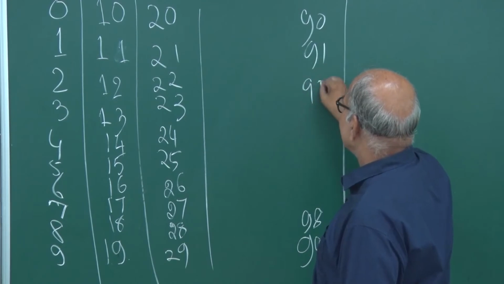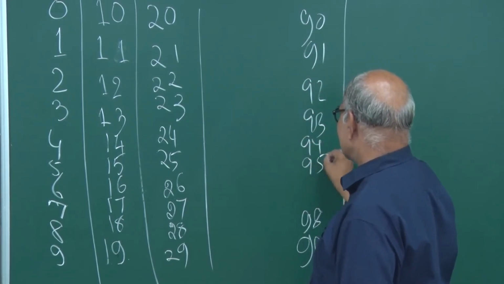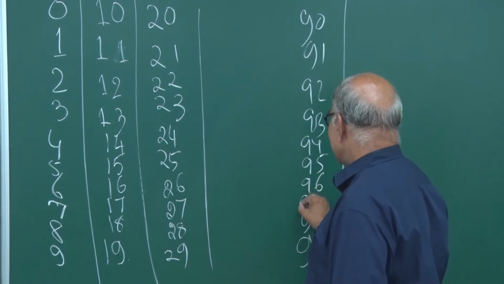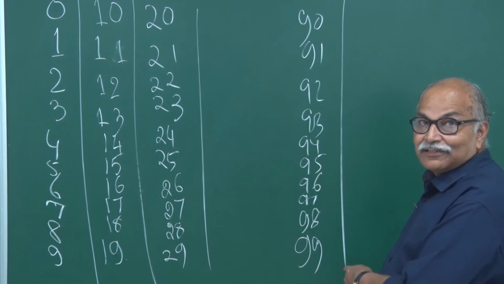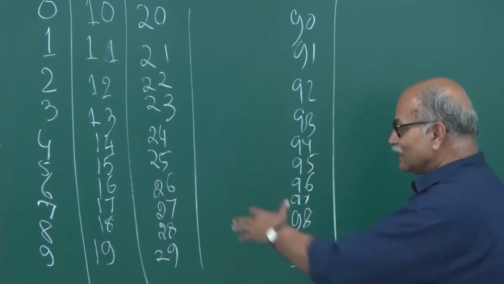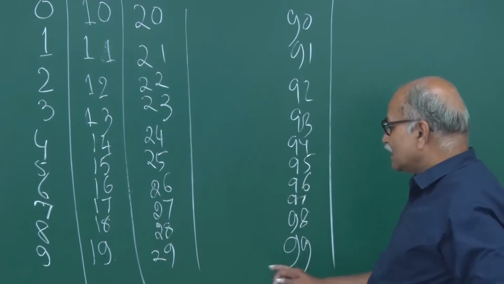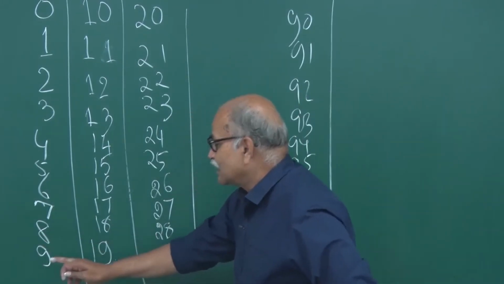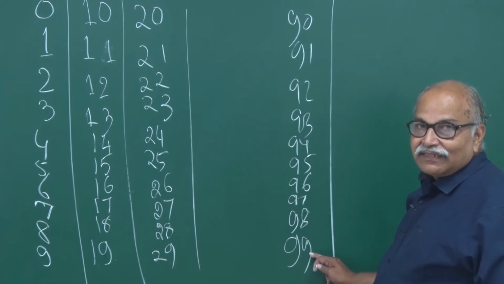Okay, 91, 92, 93, 94, 95, 96 and 97, and now you have exhausted all your digits. So with 2 digits you can only make these numbers, and if you have gotten that maximum 9 and 9, now you need 3 digits.